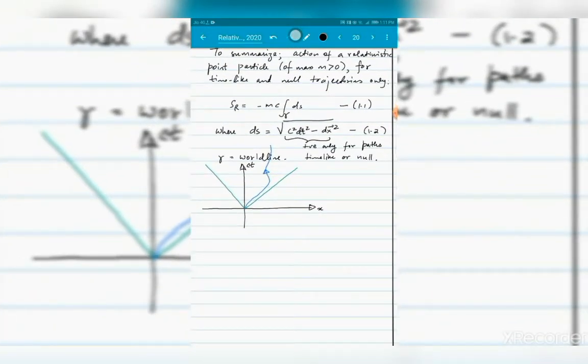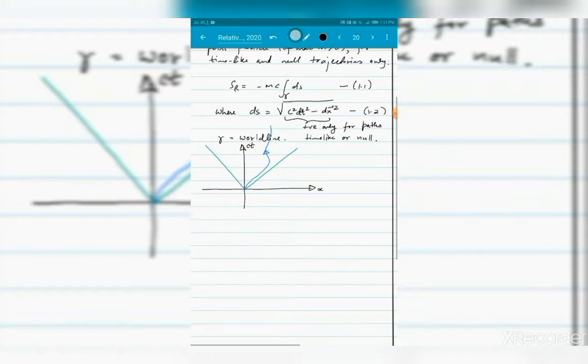Now the question is, how do we couple a point particle to an electromagnetic field?